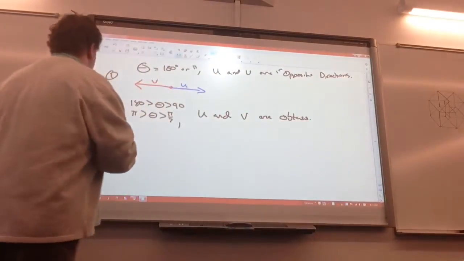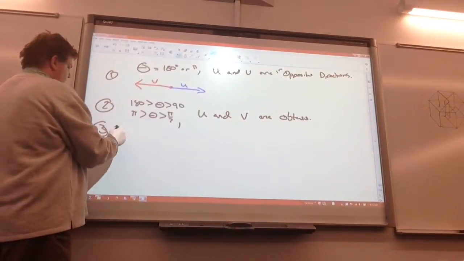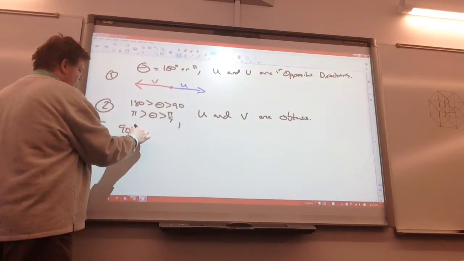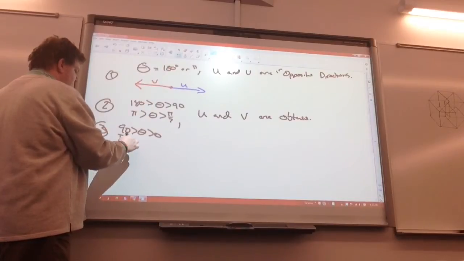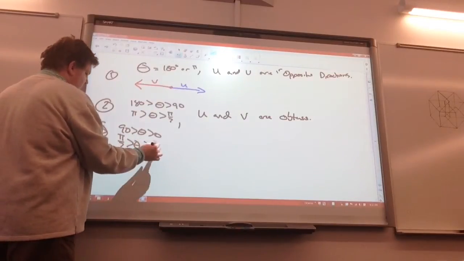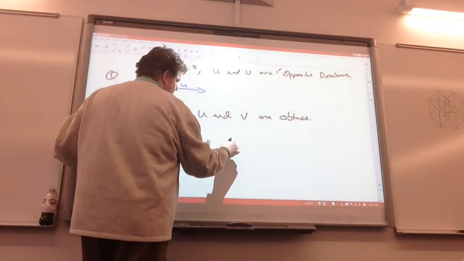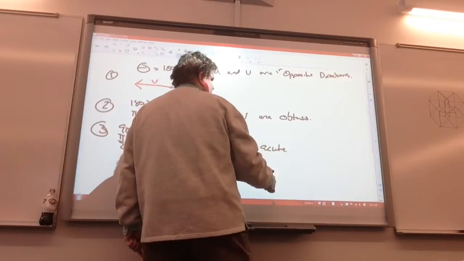Okay. Three, if 90 is greater than theta, which is greater than 0, or pi over 2 is greater than theta, which is greater than 0, u and v are acute.